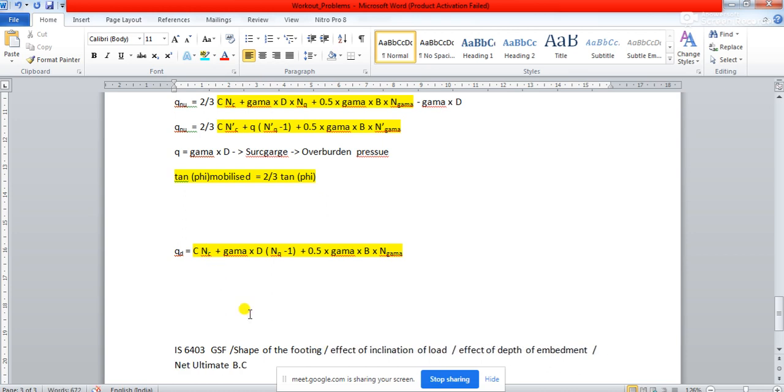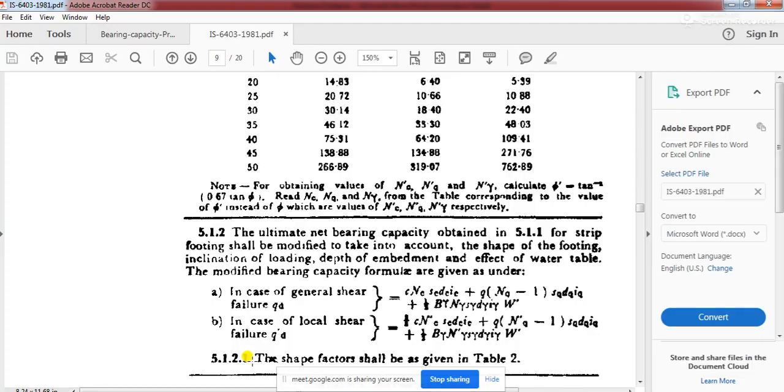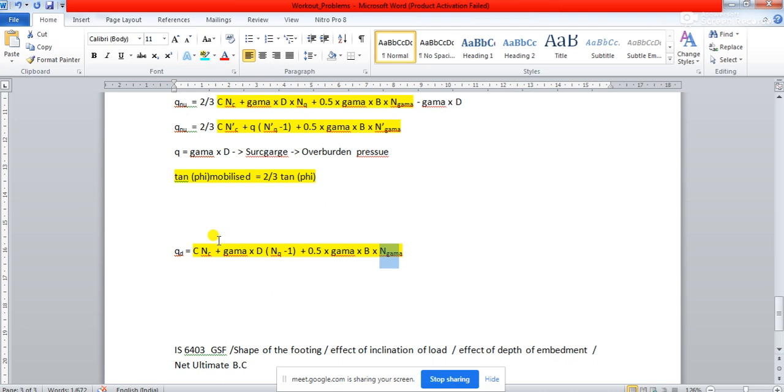For the shape of the footing you need to introduce three factors, one for each of the bearing capacity factors. To Nc there will be a factor, to Nq there will be a factor, to N gamma there will be a factor. That is what is being done here also. After Nc you introduce a factor Sc, which is your shape factor for the bearing capacity factor Nc.